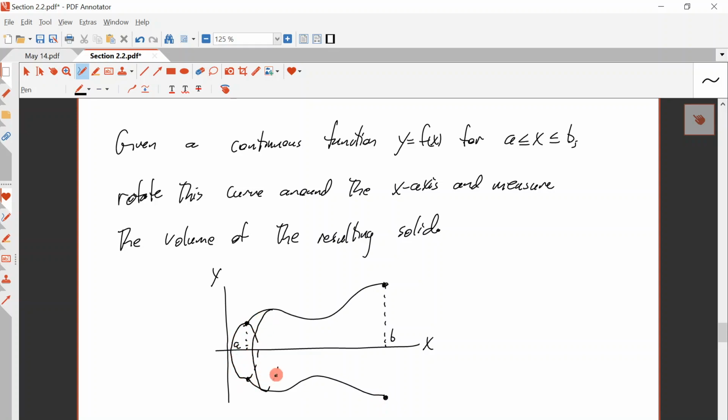And the cross sections of this solid perpendicular to the x-axis are just disks.